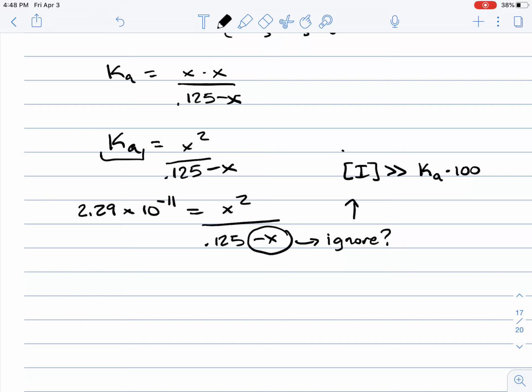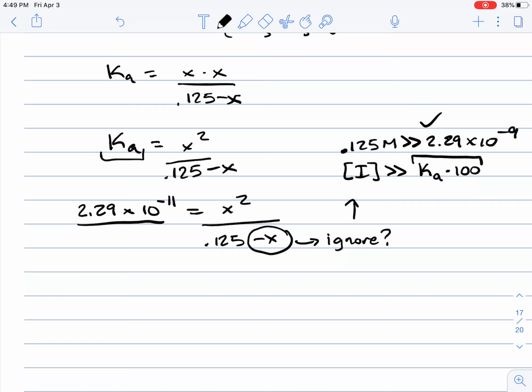And so the initial concentration is 0.125 molar. And the Ka, which is 2.29 times 10 to the negative 11, if you multiply that by 100, that's 2.29 times 10 to the negative 9. And so this statement is true.